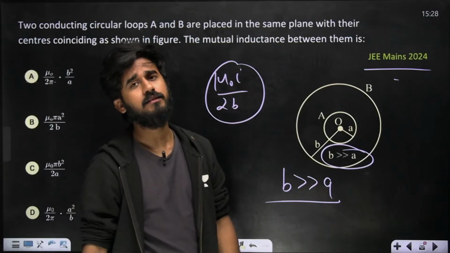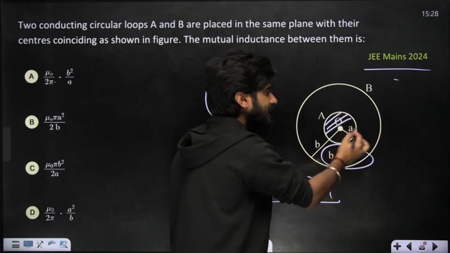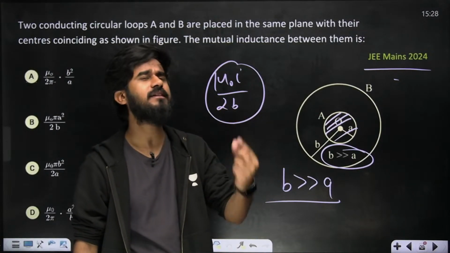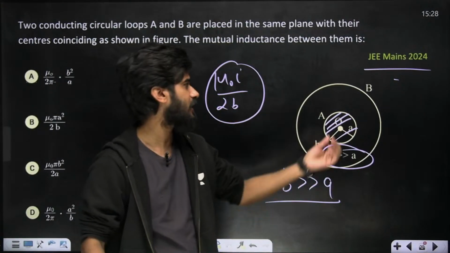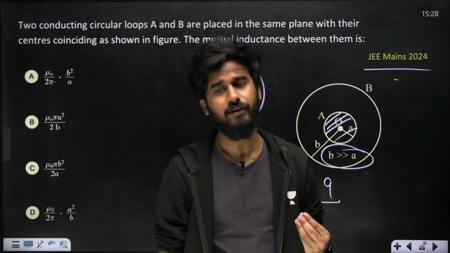If we want to write the flux passing through this entire ring, we have to assume that this is very small, as if concentrated at the center. So this is the magnetic field which this particular expression signifies.